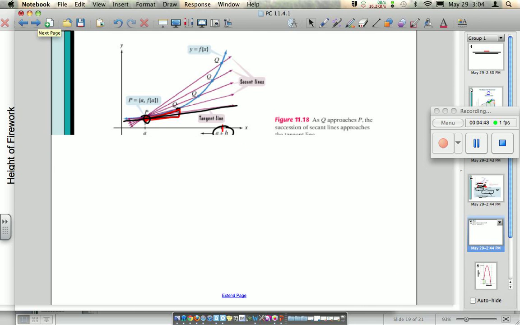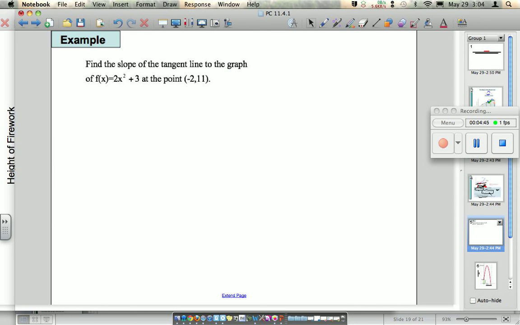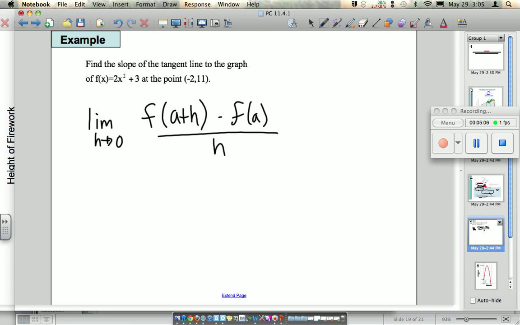So let's take a look at how that works. We're asked to find the slope of the tangent line to the graph f of x equals 2x squared plus 3 at the point -2. So the formula, let's first write down, is the limit as h goes to 0 of the difference of the function, f of a plus h minus f of a, all over h.